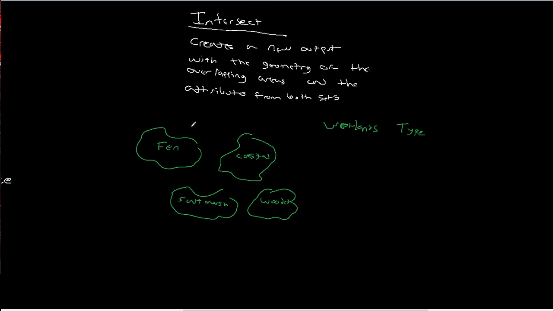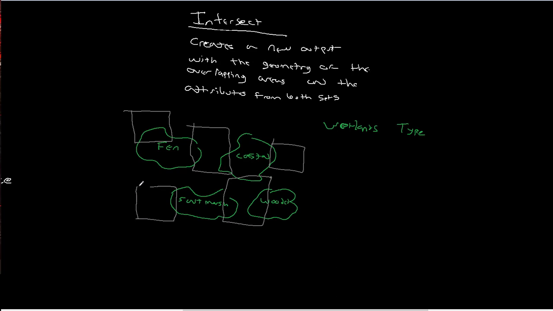And then what we also have is we have some gray squares here. And these gray squares, these represent construction sites. Right, so we have wetlands in green with their types, and we have construction sites.